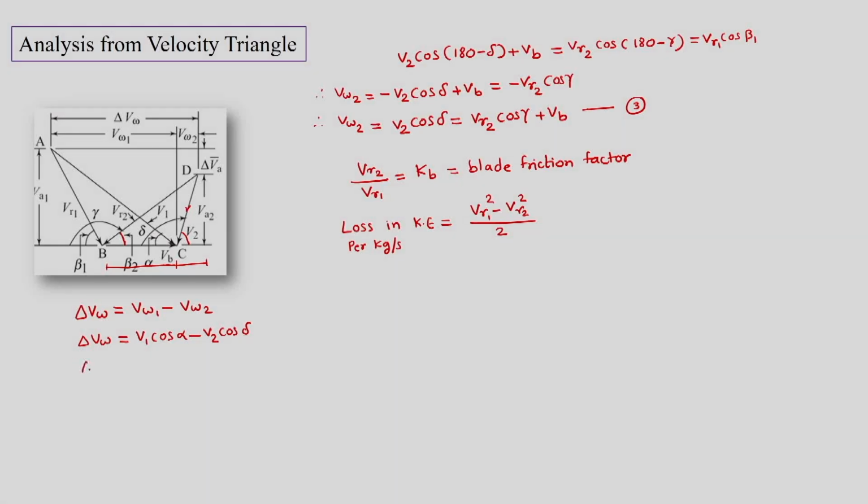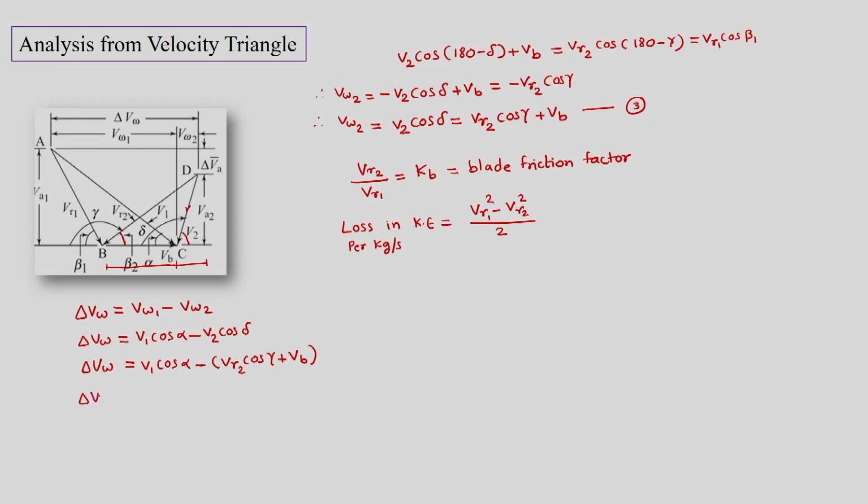So delta VW will be V1 cos of alpha minus, we know now from equation 3, V2 cos delta is equal to VR2 cos of gamma plus VB.